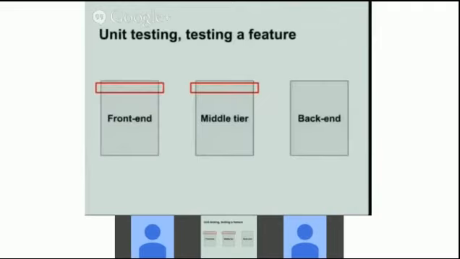So when you're writing unit tests, imagine that you have an application that has 3 or more layers. You have your front end, which is your Angular application, and you have unit tests for that. Maybe you have a middle tier on the back end, which is a database or some persistence layer. And then you write unit tests, but you're really testing a single feature, and you're very limited to the interaction and what you're testing. So it looks something like this.